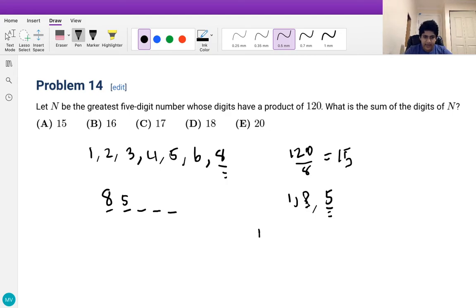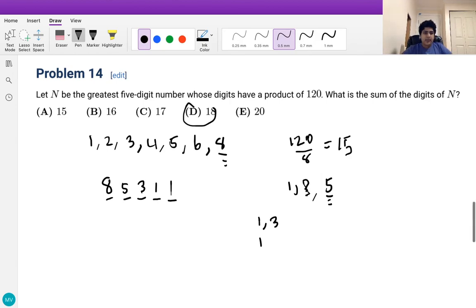We put 3 here, and then we just have 1, whose only divisors are 1 and 1. So now we have our 5-digit number, 85311. The sum of the digits is simply 8 plus 5, 13, plus 3, 16, plus 1, 17, plus 1, 18.